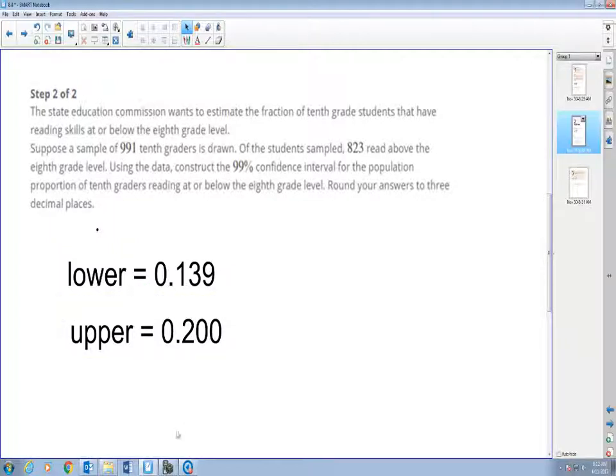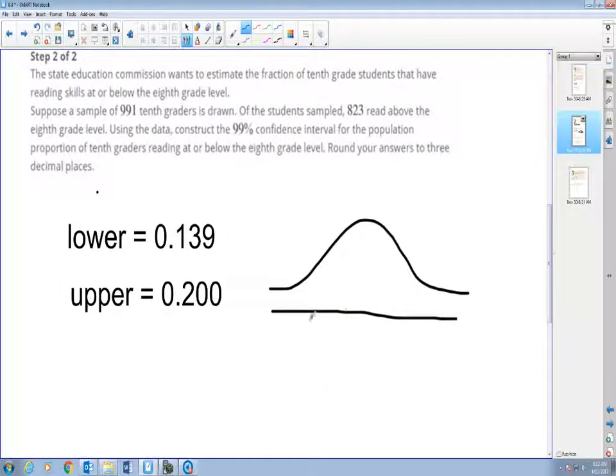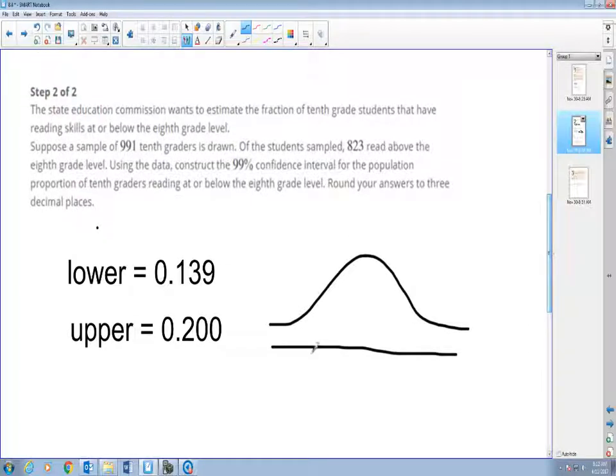So what that tells me is, if I draw my normal curve, my true population proportion P, the percent of the students that read at or below 8th grade level, is from almost 14% all the way to about 20%.